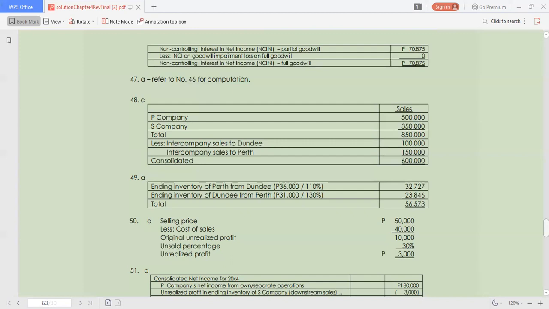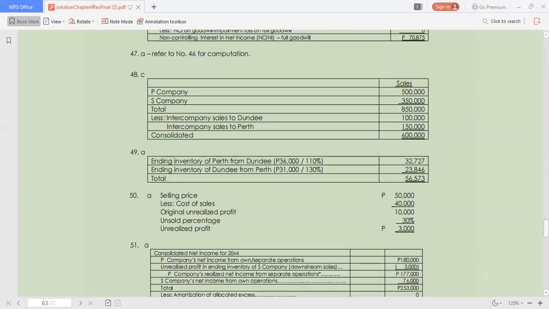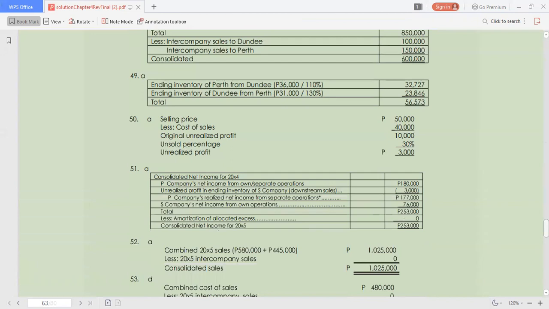In 20x5, the remaining inventory was resold to outside the consolidated entity. If the sale referred to above was downstream, so if it's downstream, it's Eagle selling to Flyway. Okay, so by what amount must the inventory be reduced? So in number 50, the selling price of 50,000 and the cost of 40,000.